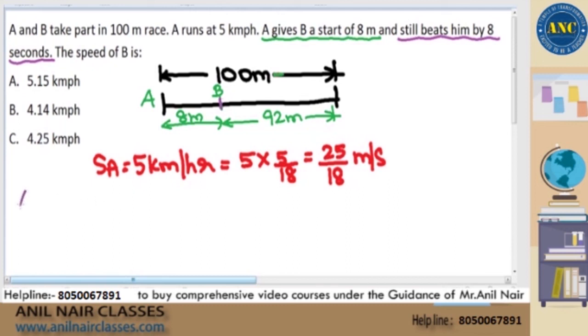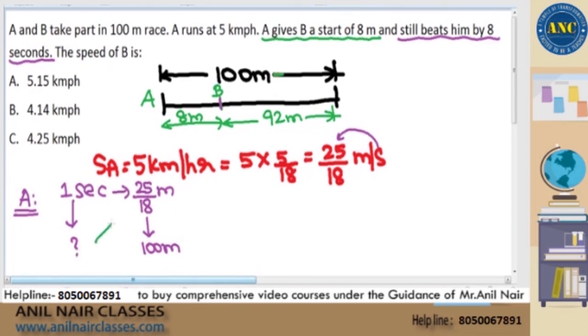Now see here. If I calculate for A, speed of A is, in 1 second he will cover 25 by 18 meters. But according to the question, he should cover 100 meters, right? That means how much time will he take? If you do not find a multiplying factor very fast, cross multiply.